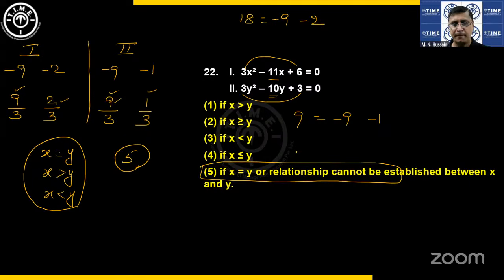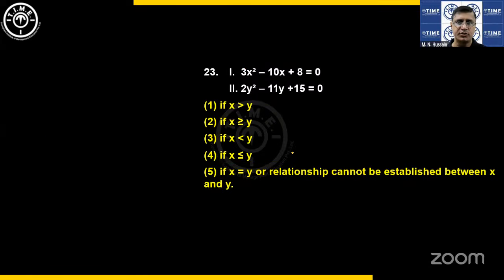Okay. Now look at the next example. Question number 23 on your screen. 3 into 8, that is 24. Express 24 as a product of two factors whose sum is the middle term. What is the middle term here? Minus 10.